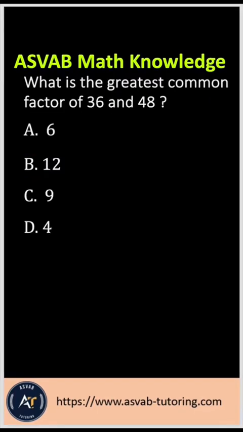The question asks, what is the greatest common factor of 36 and 48? The greatest common factor is the largest number that you could divide 36 and 48 by.